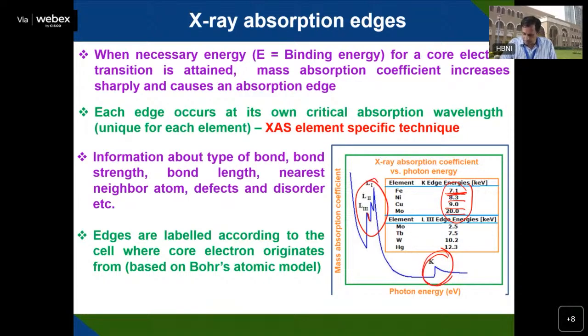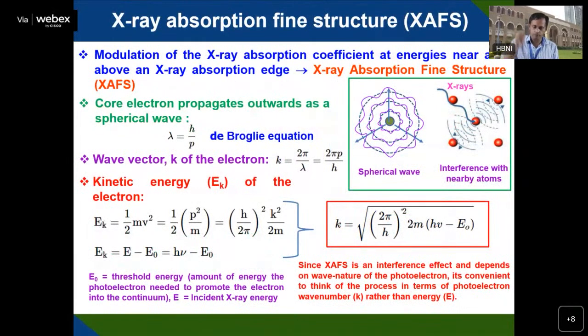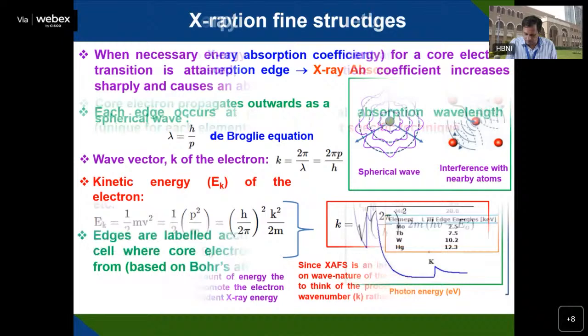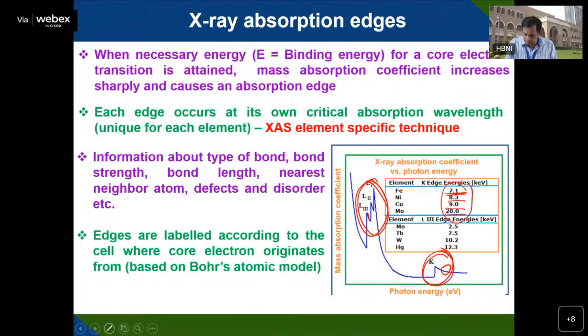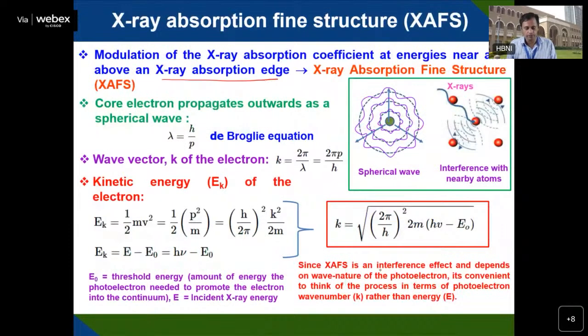In this area, the mass absorption changes with photon energy. You will analyze the region near and just above the edge, so you will mainly see the analysis of this part and this part.